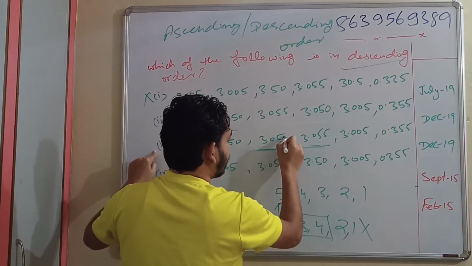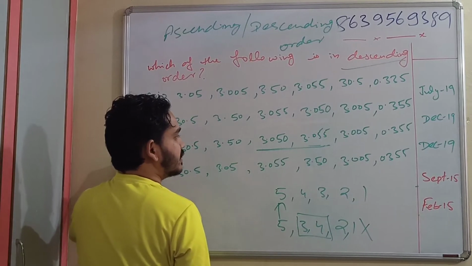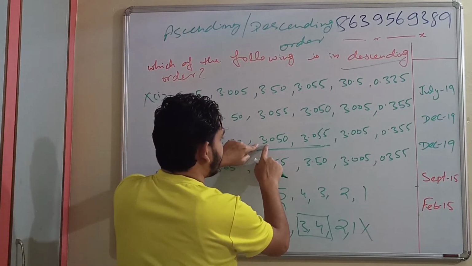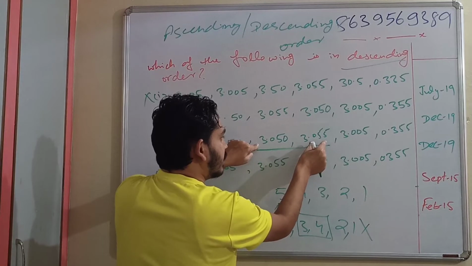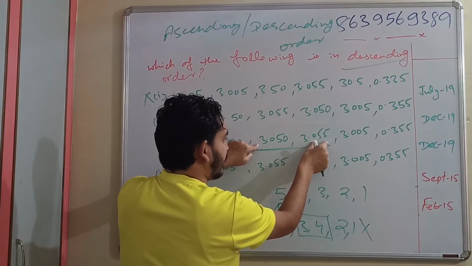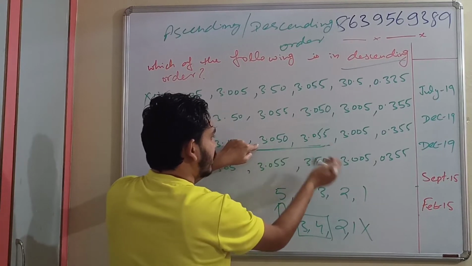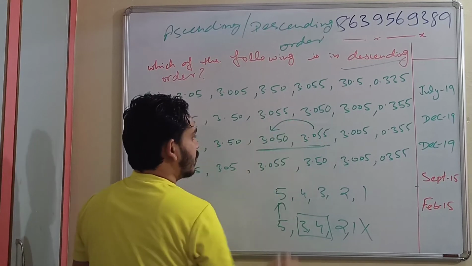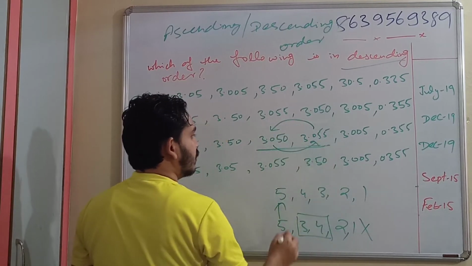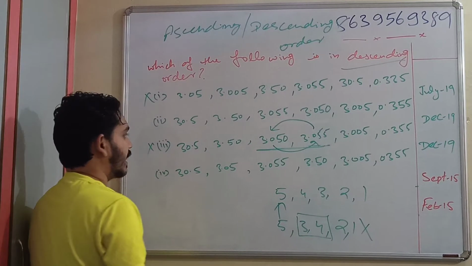Make it 3 digits by placing 0. Now this is 3.050 and this is 3.055, so this is more than that. It has to come before and this has to go after, so that cannot be the correct option.